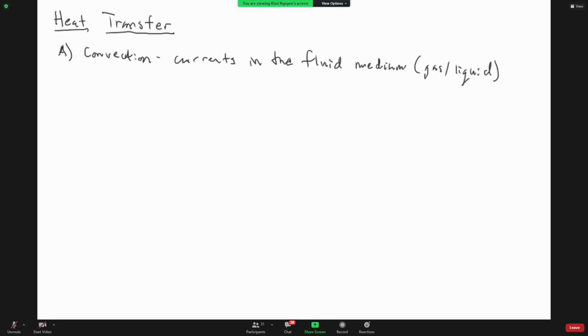And you think about it, what do we have that we use every day that uses convection? It's in the name for the device.